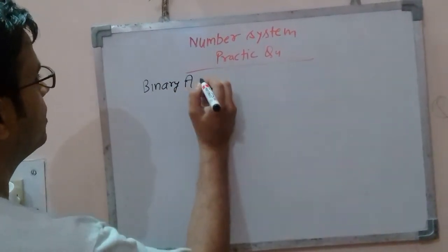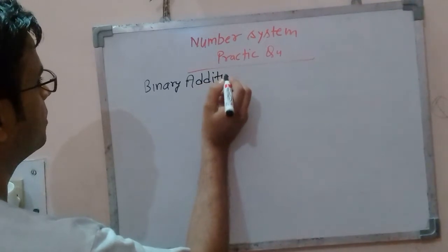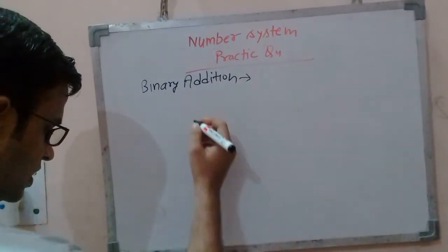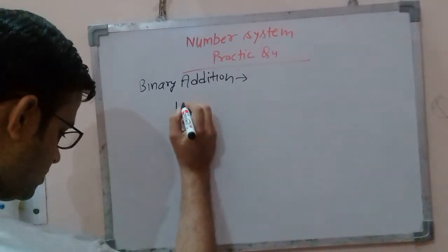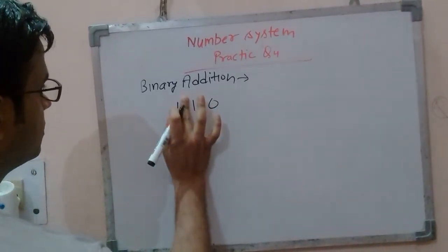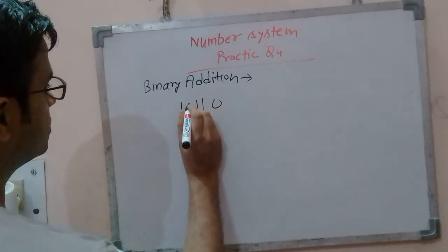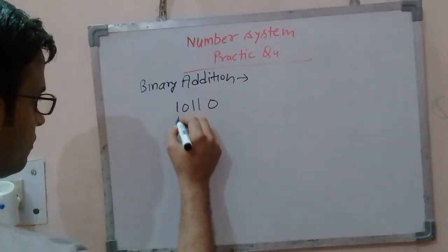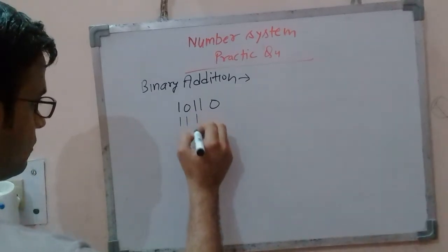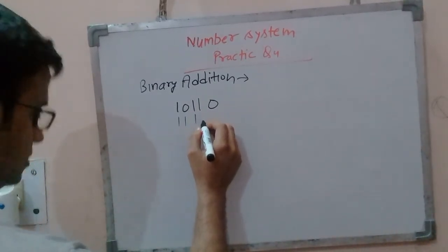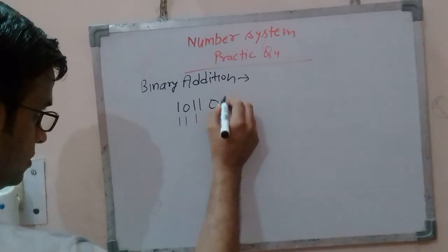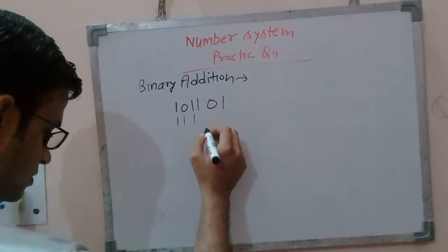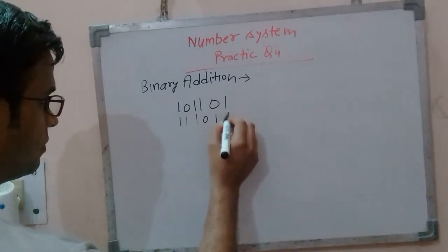Binary addition. So suppose there are two numbers like 1 0 1 1 0 1 and 1 1 1 0 1 1.